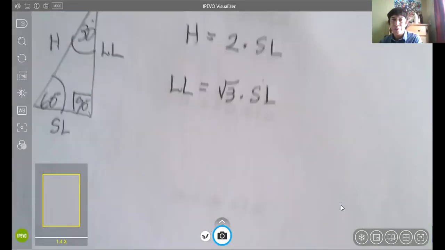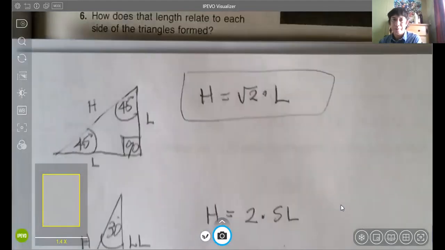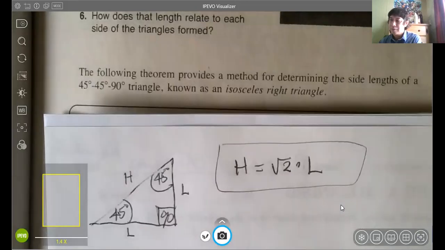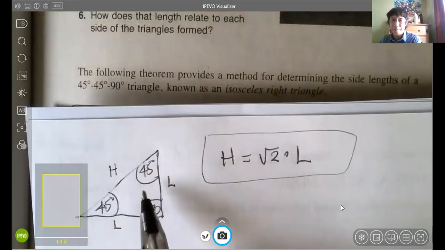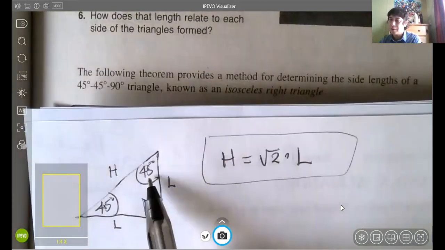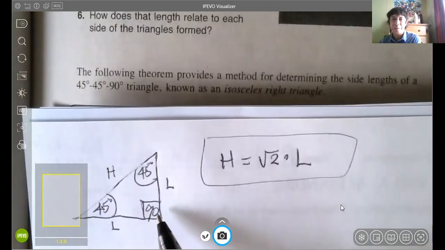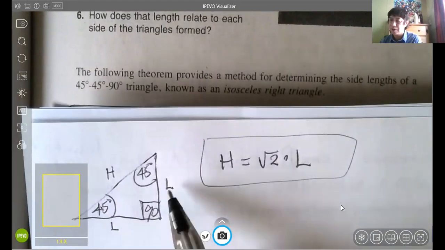Okay, let's start with the 45-45 triangle. It is something like this. You can actually see here the 45 degrees and another 45 degrees and 90 degrees. And we have the two legs, called sides. These are called legs, okay?